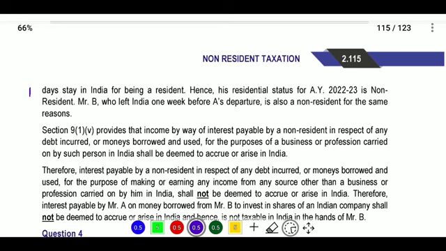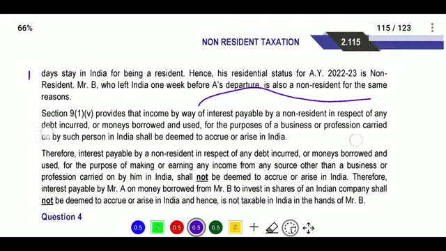Hence, his residential status for assessment year 22-23 is non-resident. Mr. B, who left India 1 week before departure, is also a non-resident for the same reason. He is coming and going, so he does not stay more than 182 days, so he is also treated as non-resident.